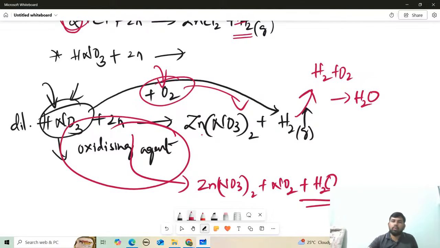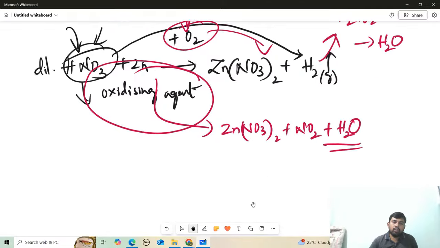Okay. So one more thing. One more example they have given here. I repeat the activity with one more substance. What is the one more substance? They took CH3COOH plus Zn.